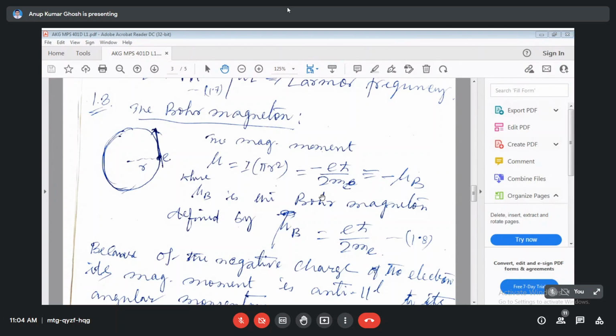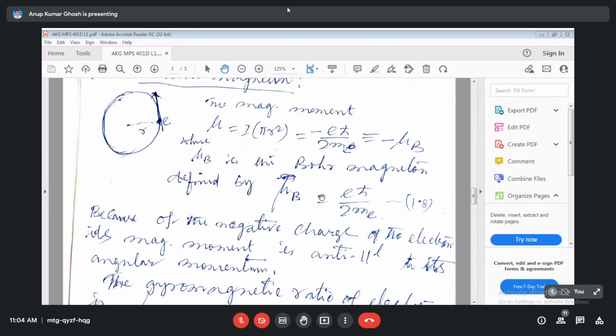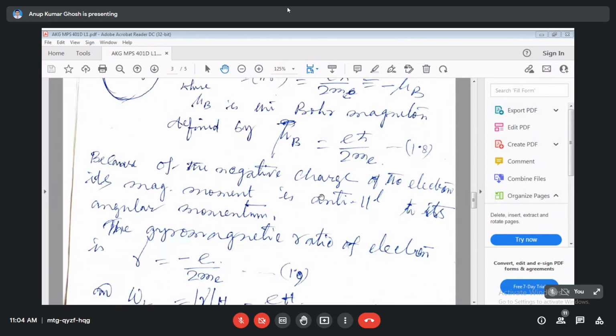So the Bohr magneton is the unit to represent the magnetic moment. So mu B is the Bohr magneton defined by mu B equal to eh cross divided by 2 me.